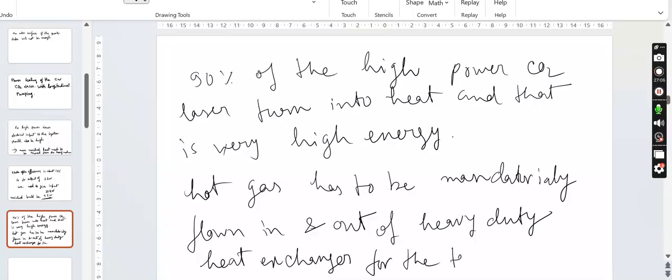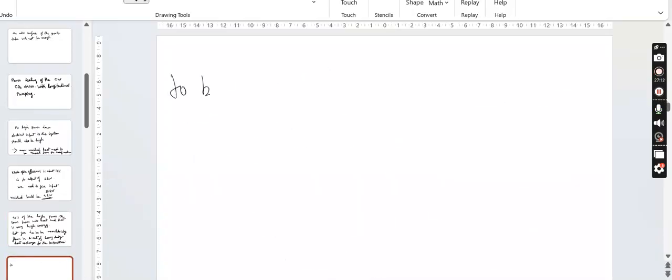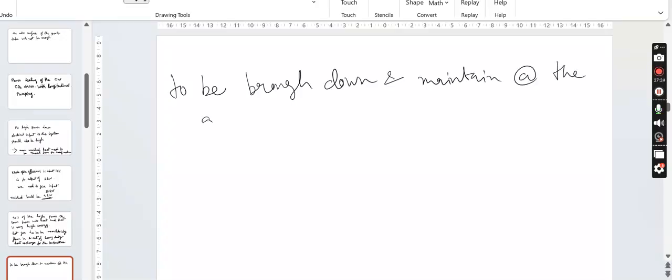The temperature has to be brought down and maintained at the accepted level.